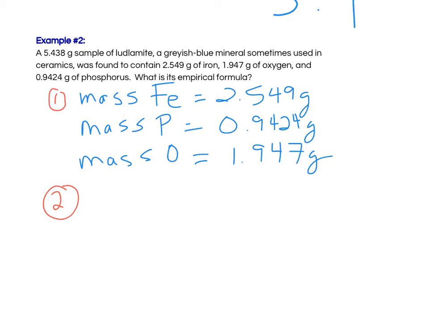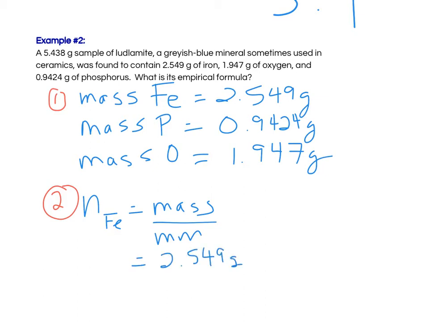So the number of moles of iron I can get by taking the mass of iron and dividing it by the molar mass of iron. Right? So that would be 2.549 grams divided by 55.85 grams per mole for iron.